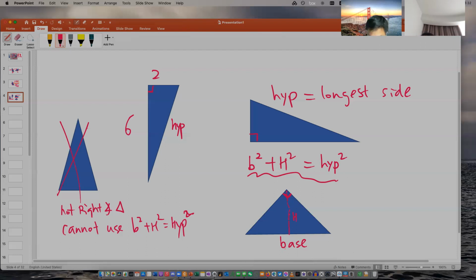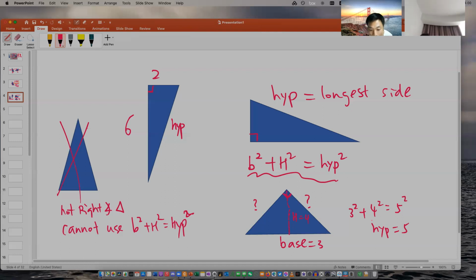Then they are going to use the formula: let's say the base here is 3 and this is 4. They make use of 3 square plus 4 square is equal to 5 square, so the hypotenuse is 5. Then now the question is, is this the hypotenuse? Is this the hypotenuse?